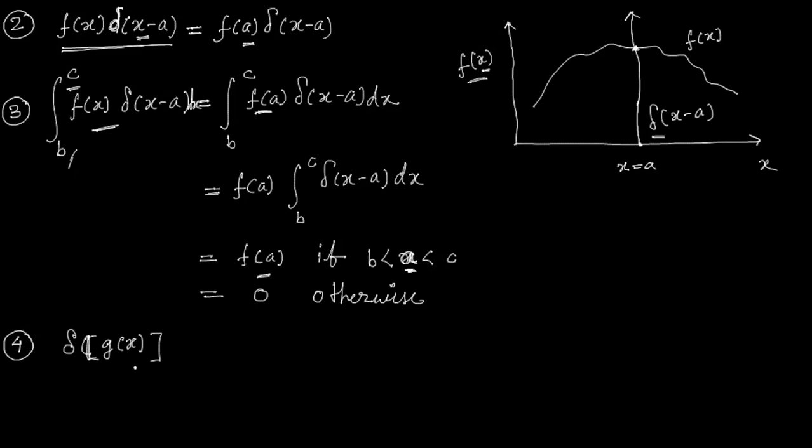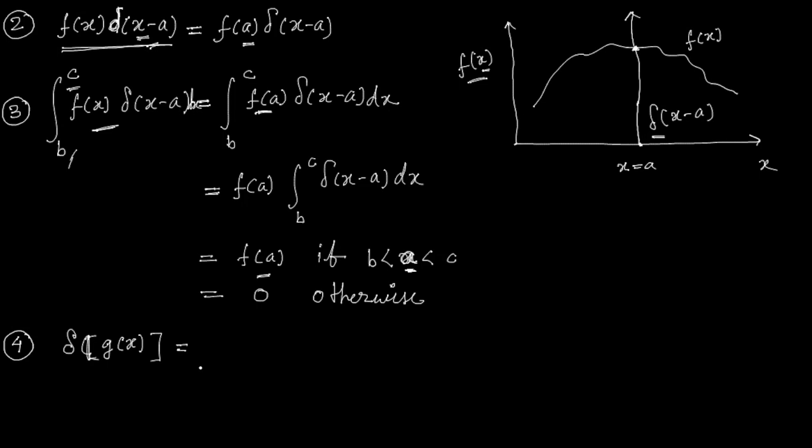To solve this type of Dirac delta function, by looking at it we cannot guess the position of the Dirac delta peak until we write it in the variable form.